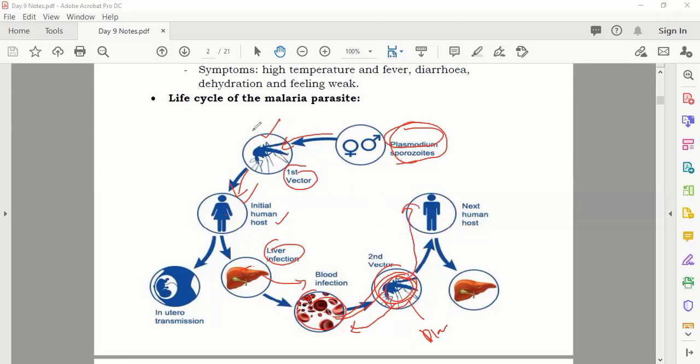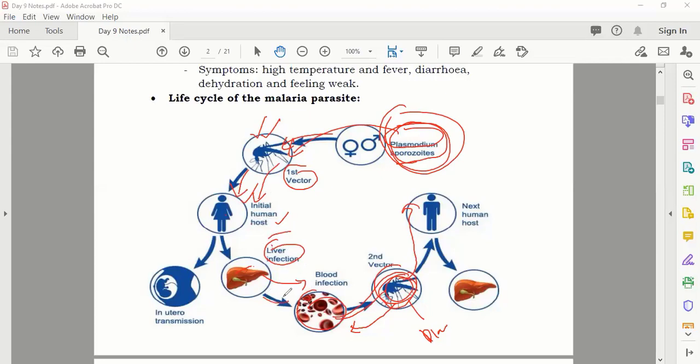So here plasmodium first goes to a mosquito, not from a human, but from the environment. This mosquito bites a human, and inside the human it goes to the liver where it can reproduce very quickly.